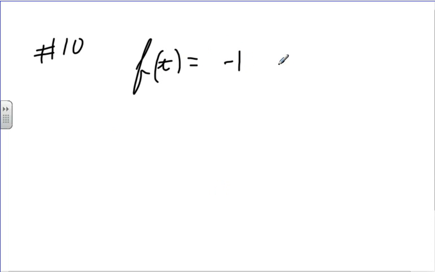All right, so I already did 2, I already did 4, I already did 6. Let's do 10. Okay, so number 10, f of t is equal to minus 1 for t between 0 and 1, and it's 0 between 1 and infinity.